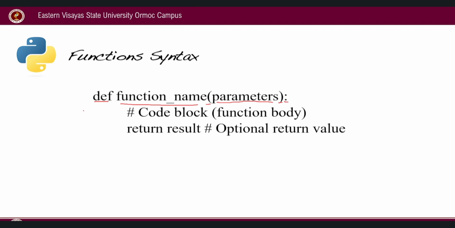So do not forget the indent and our code block of our function, and next to it is the result, and it could be optional if you have a return value to be passed.